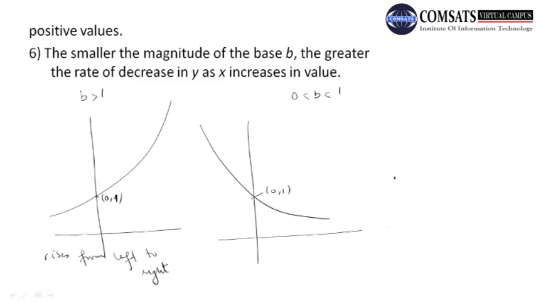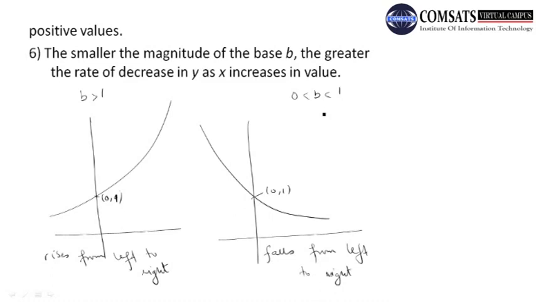The domain is the set of all reals, and the range is the set of all positive reals. In this case, the function y is a decreasing function, so the graph falls from left to right. So this is how we summarize the graph of an exponential function when b is between 0 and 1 and when b is greater than 1.